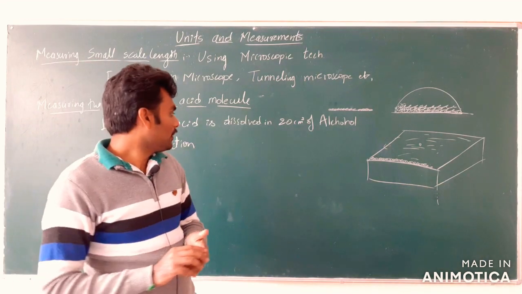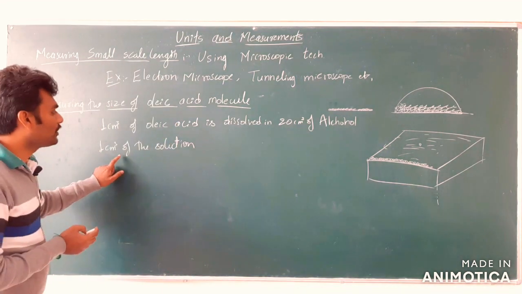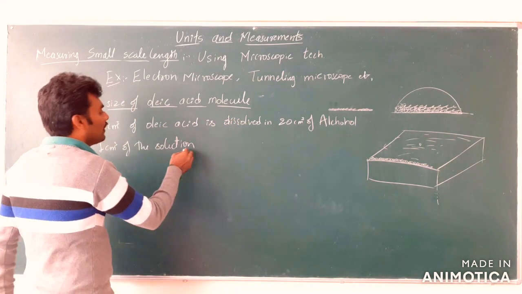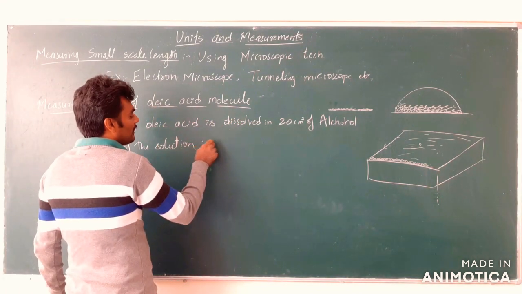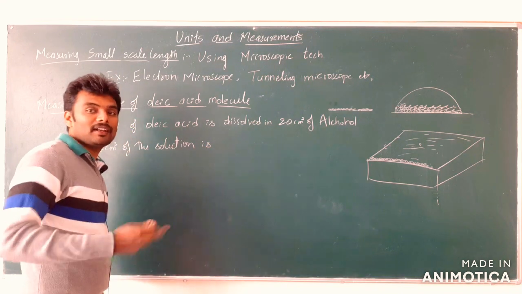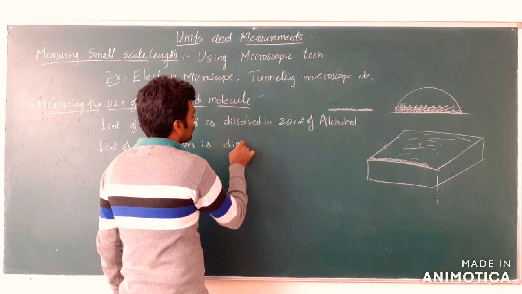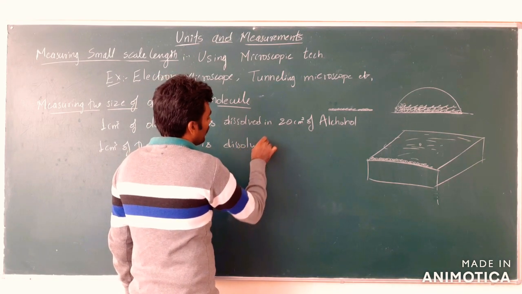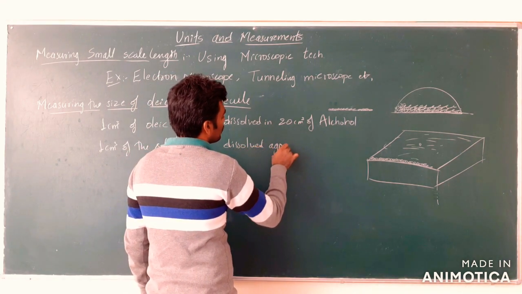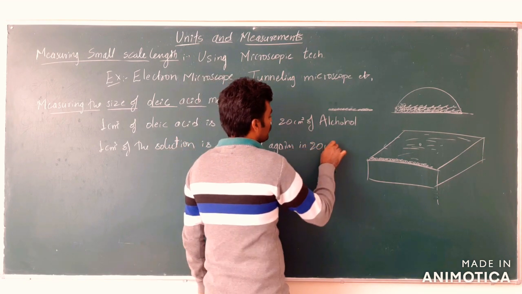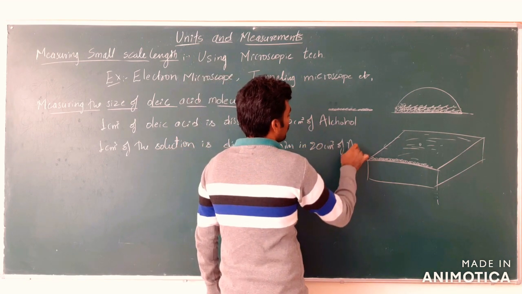Okay, then what I do, I take 1 centimeter cube of this solution, which I have already prepared, and it is again dissolved in 20 centimeter cube of alcohol.